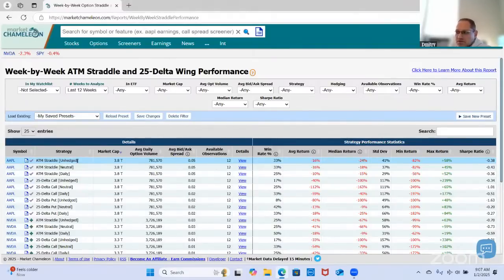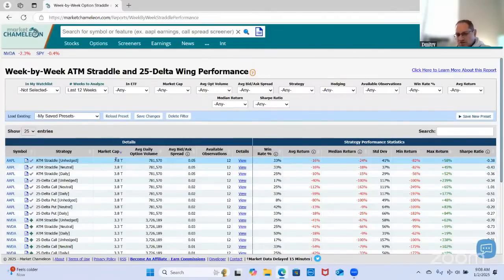So the stock could be a little above or below the strike, in which case there is some delta to that option strategy, meaning at the start you'll have a little bit more of a bullish or bearish bias. This is looking at an unhedged straddle, so it finds the closest strike to the spot price and then tracks how those options performed, the call and put. That's the straddle, if you bought the call and put.